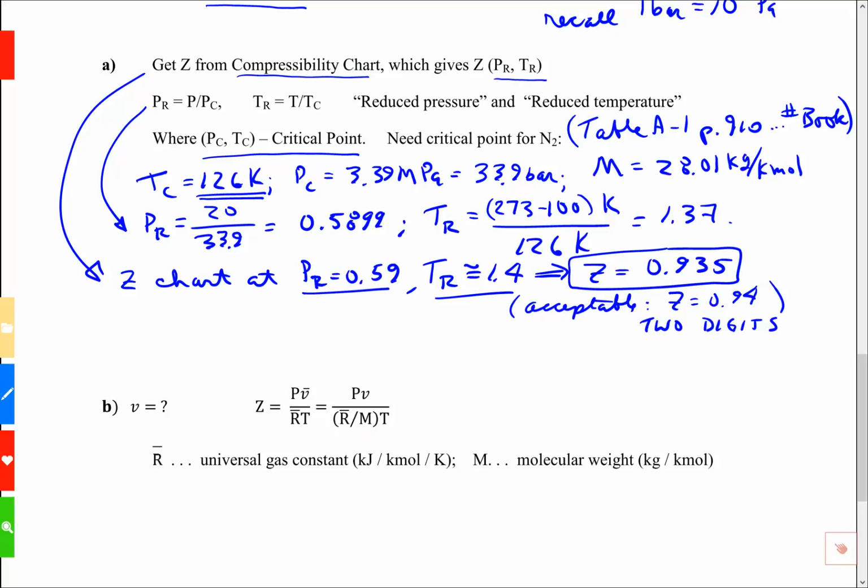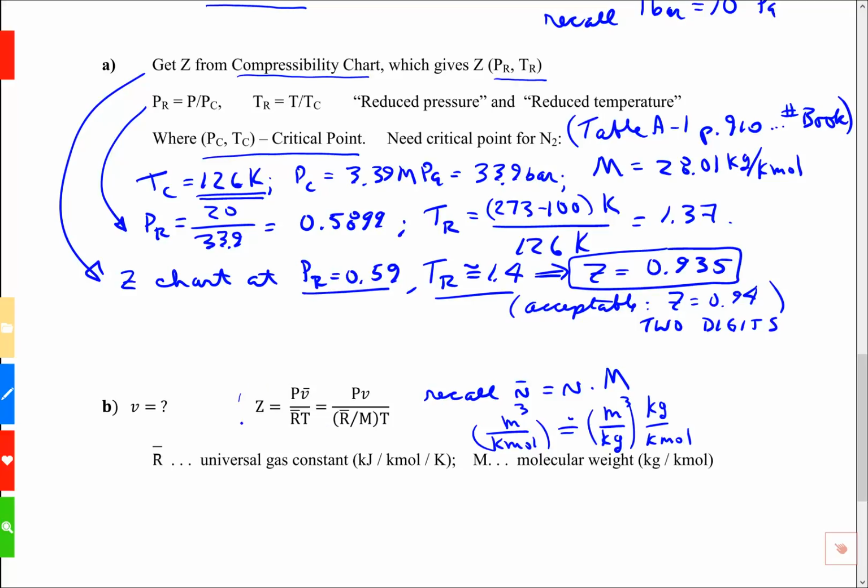And I'll recall that the molar specific volume is the same as the ordinary specific volume times the molecular weight, where V bar is meters cubed per kilomole, and V is meters cubed per kilogram, and capital M, molecular weight, is kilograms per kilomole. So that's the conversion there.